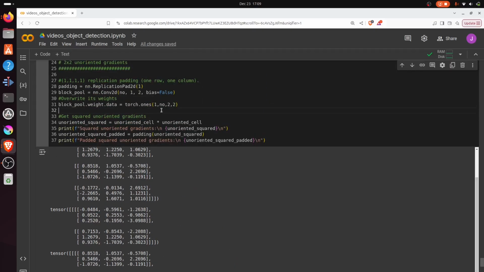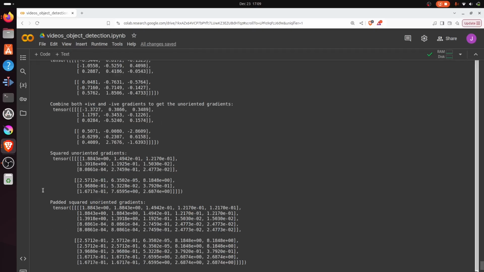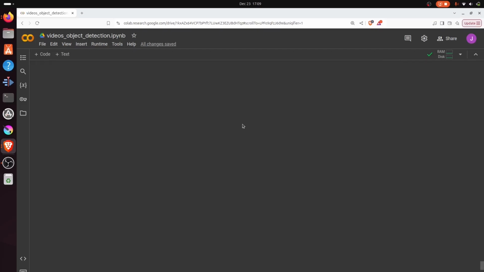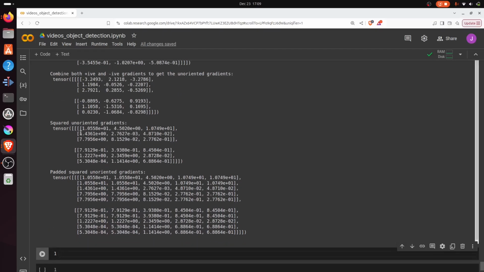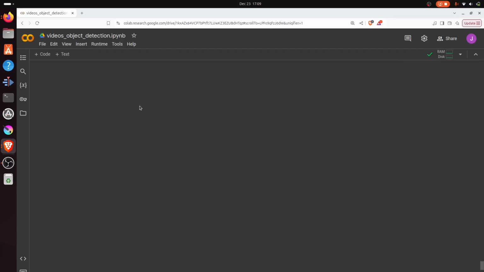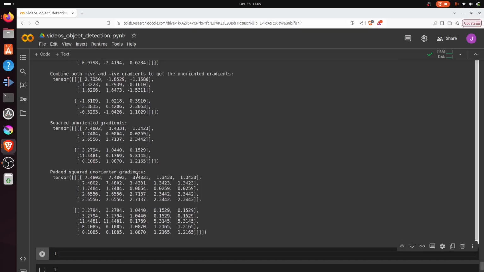Let's see if we can get cleaner numbers. Yeah, that's what I wanted, they were so small. Okay, so as you can see, we have the squared unoriented gradients, and in essence we still got them.